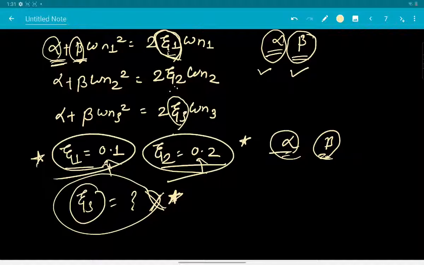So this is, in a nutshell, or in a very brief manner, a discussion about how we tackle multi-degree of freedom systems which are damped in nature and which are experiencing externally applied forces.